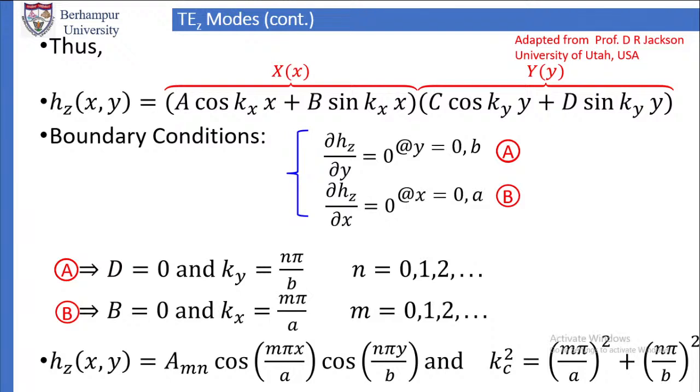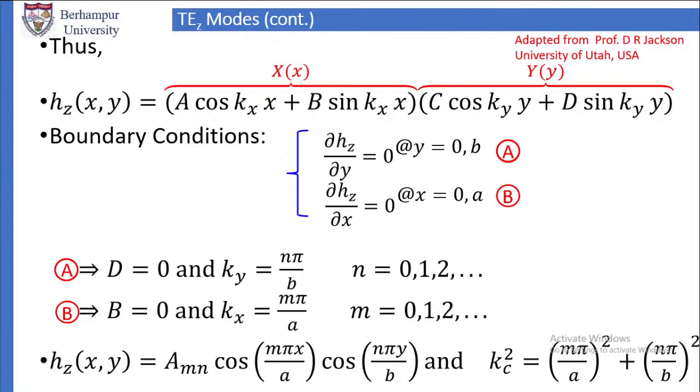Now using this, if we solve the differential equation, (1/X) dX/dx = -kx², the solution to that is of the form A cos kx x + B sin kx x.